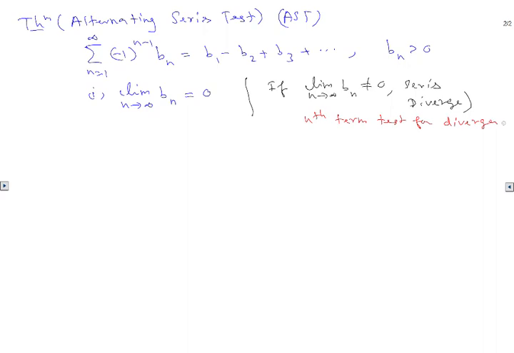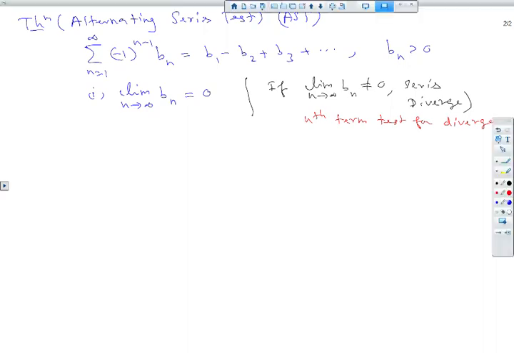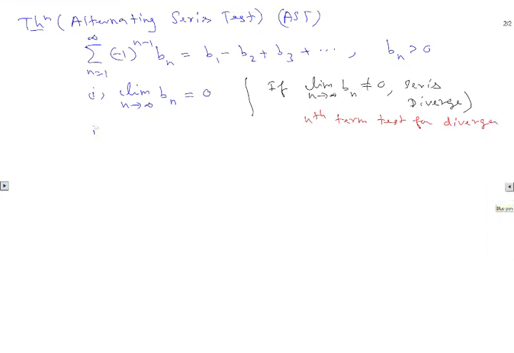But if it is equal to 0 and one more condition is satisfied, the second condition is that bn is decreasing. That is, bn plus 1 is less than or equal to bn after some n.